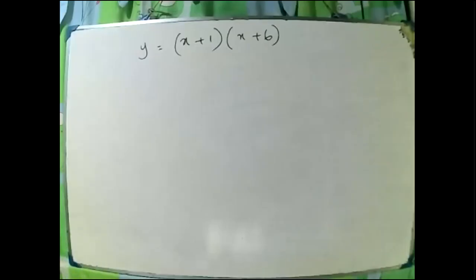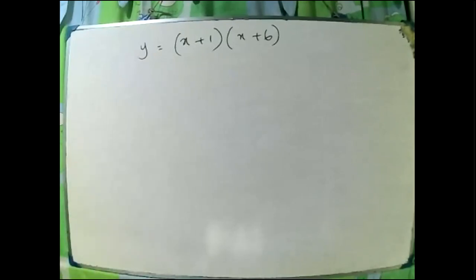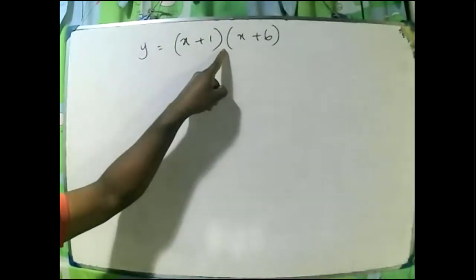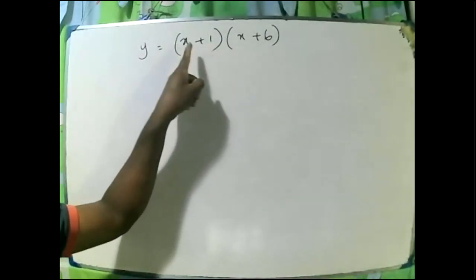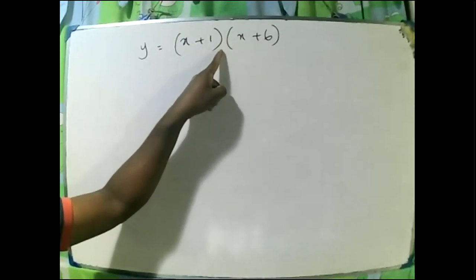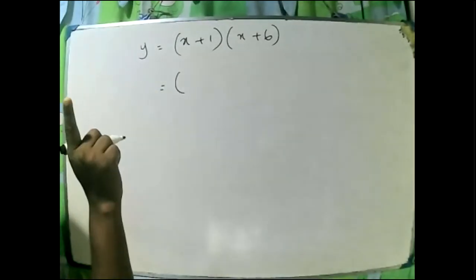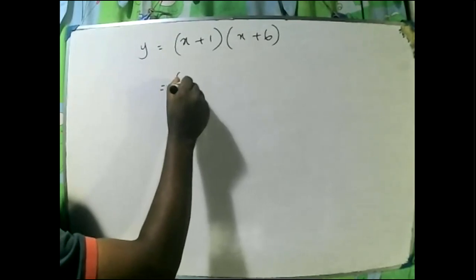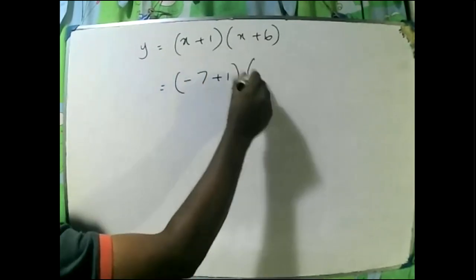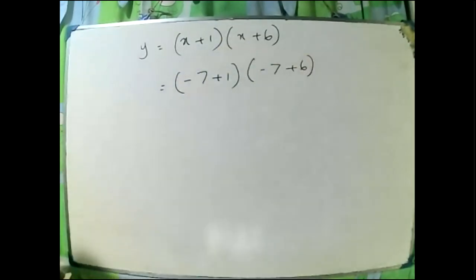I'm going to explain how to find the y value when x is equal to negative 7, right? So here you can see x plus 1, here is multiplication, x plus 6. So put the x value in both, and those two you have to multiply, right? So that is how to find it. Now see, if you put the x value negative 7, here put negative 7 plus 1 and in the next bracket negative 7 plus 6, right?